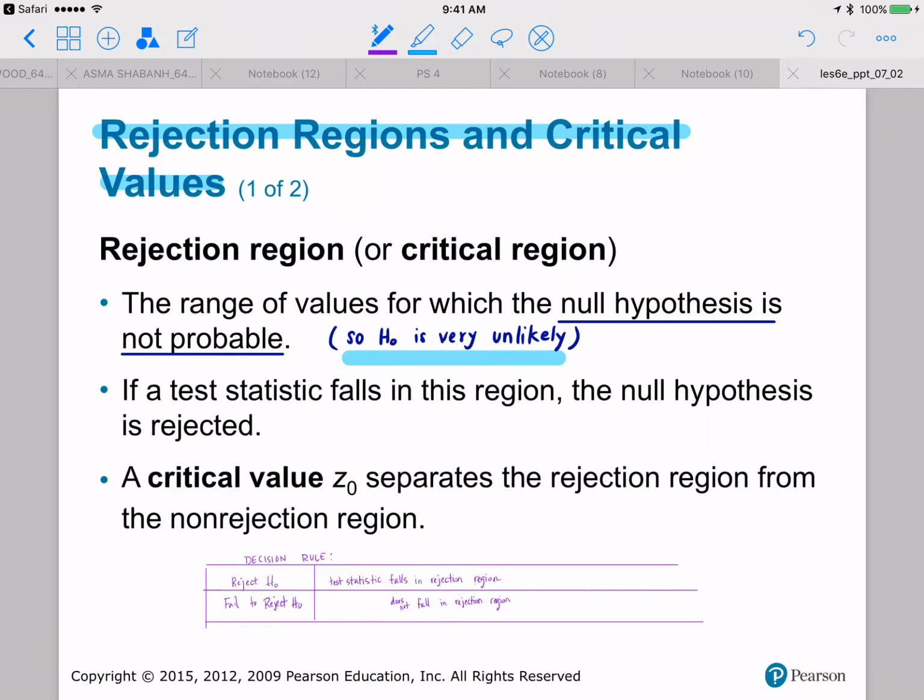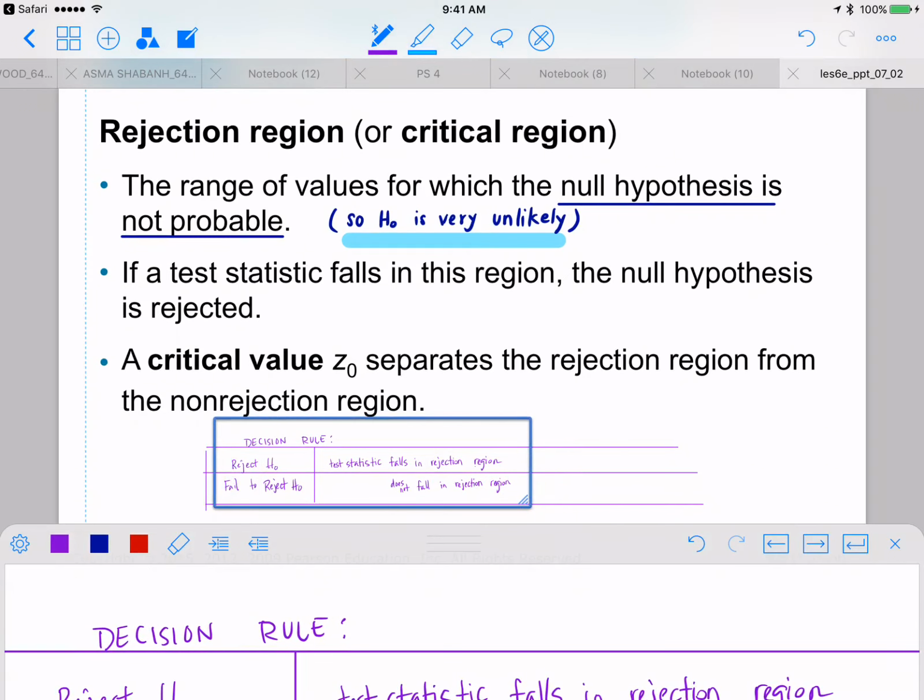Okay, so we're going to add some dividers here, because this first category is the results we get if we are using rejection regions. And I'm going to put as a reminder what we do if we're using p-values.